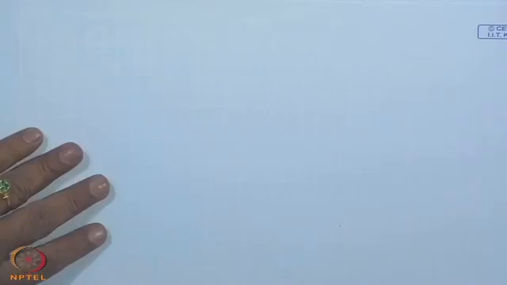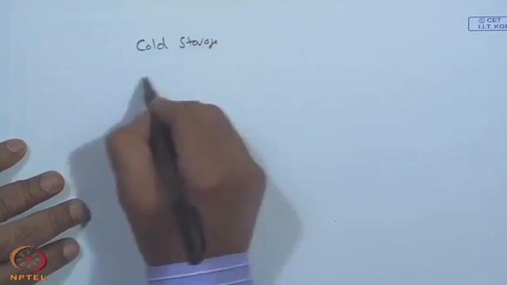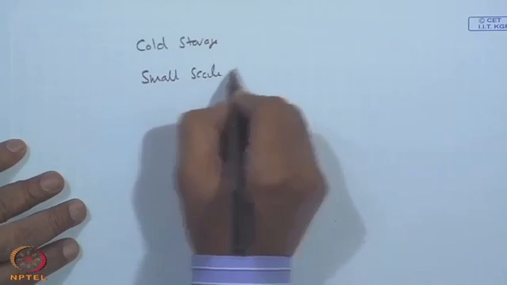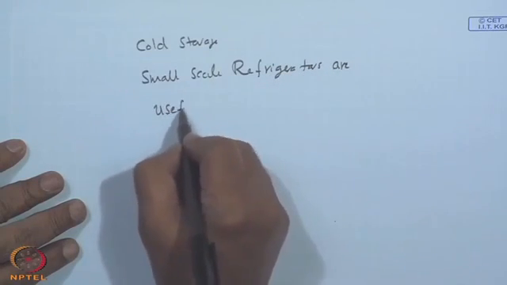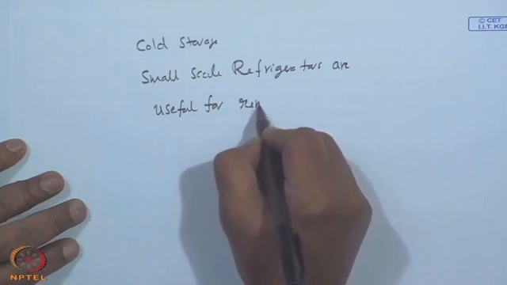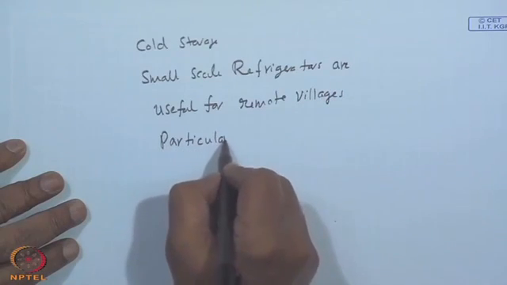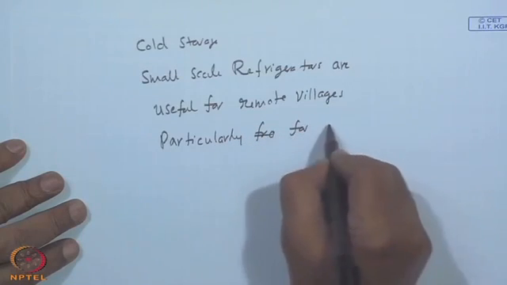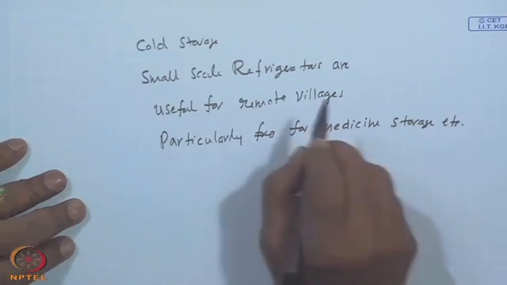However, there are n number of, I am not an expert, metal hydrides, hydrogen halides, etc. being used, and with the absorption principle, they may meet with some success, but essentially this cold storage also and small scale refrigerators are useful for remote villages, particularly for medicine storage, etc. So, this is in vogue.